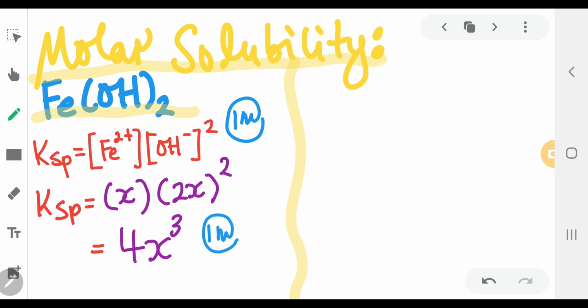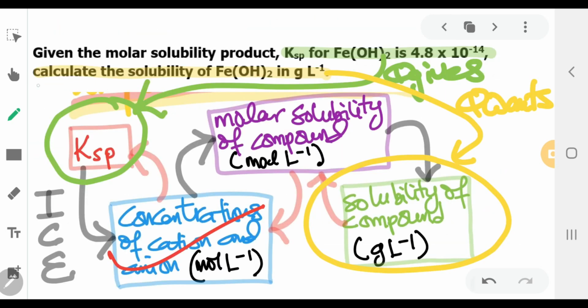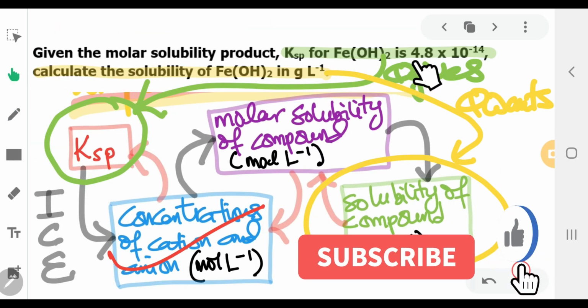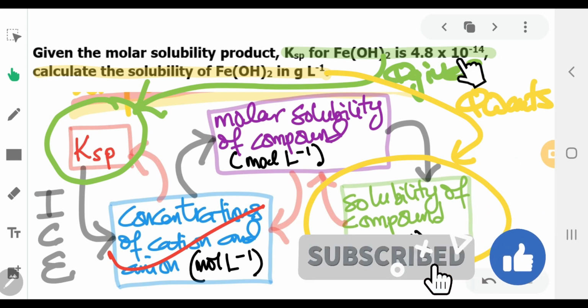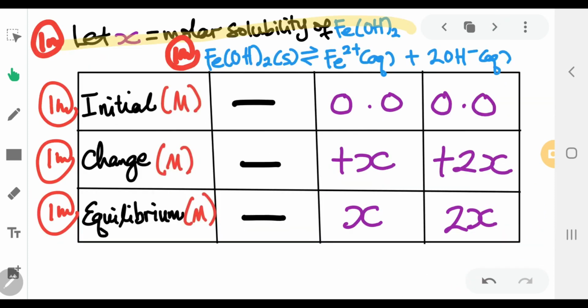Now we're going to compare with the value of Ksp given. The question gives the value of Ksp as 4.8 times 10 to the power of negative 14.